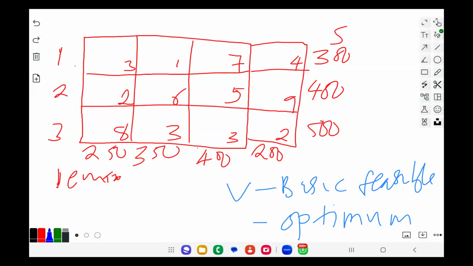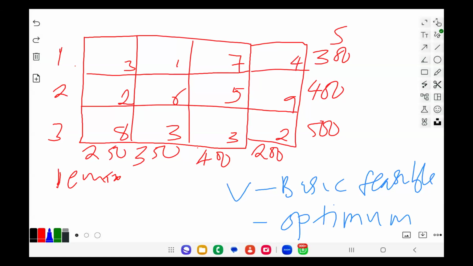Number 1, the northwest corner rule. The second one was the least cost cell method. And finally, Vogel's approximation method, VAM. After looking at all these 3, we learned how they are used to find the basic feasible solution.